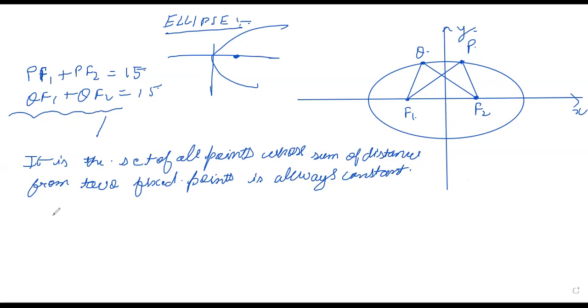Okay, so I will write here: the two fixed points are the foci of the ellipse.